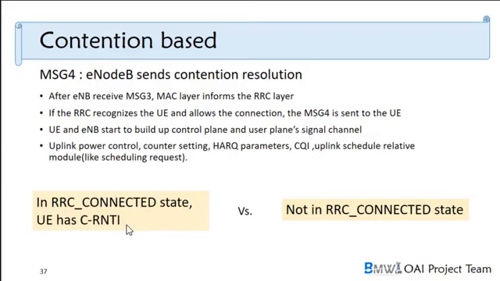In step 4, the eNodeB uses the C-RNTI to scramble the PDCCH, and the UE receives the PDCCH scrambled with its C-RNTI and knows whether the access is successful or not. On the other side, when not in RRC connecting status, in message 3 we bring a unique identity to the eNodeB. In step 4, the eNodeB sends back the information of step 3 to the UE through the UE contention resolution identity.